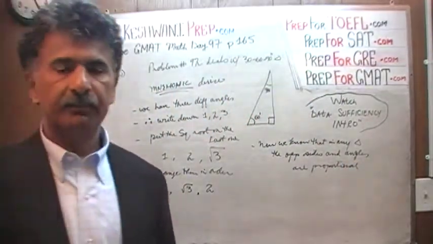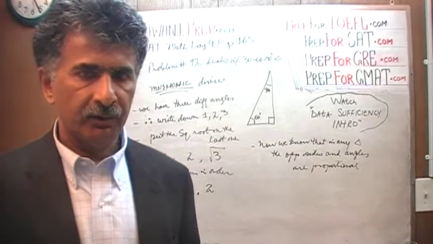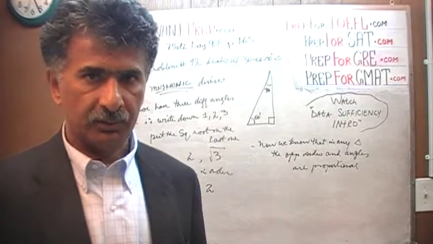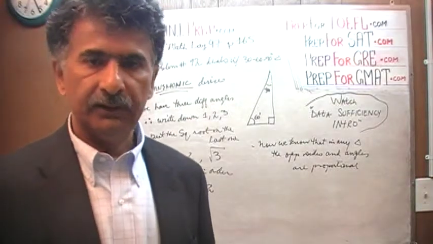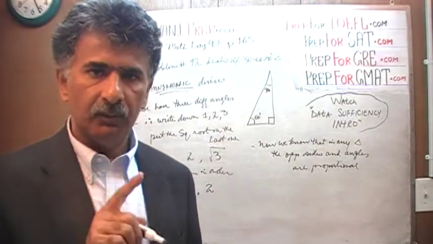It doesn't matter whether it is a right triangle, equilateral, isosceles, acute, or obtuse triangle. Regardless of the kind of triangle, the opposite sides and angles are always proportional.